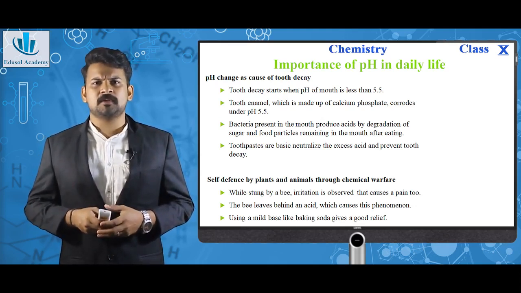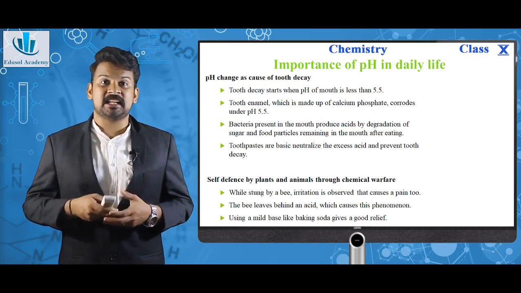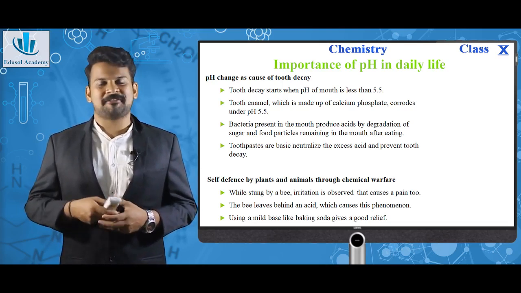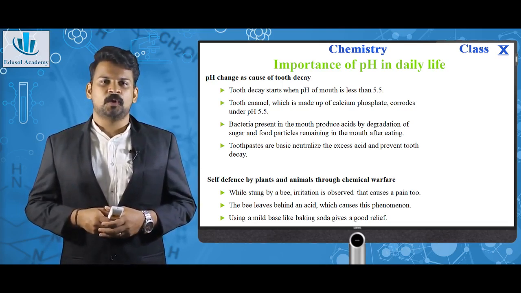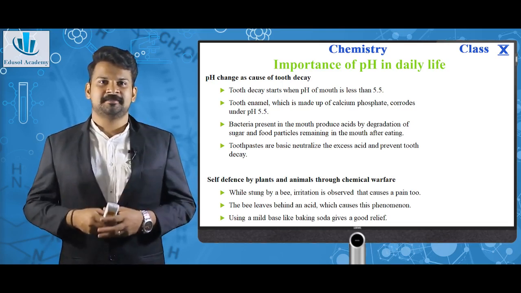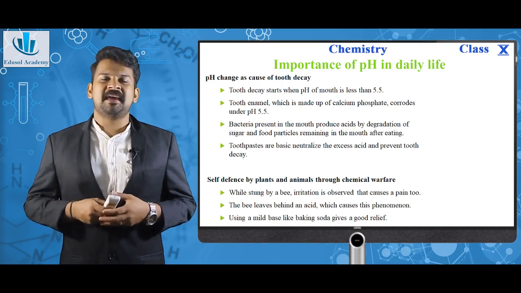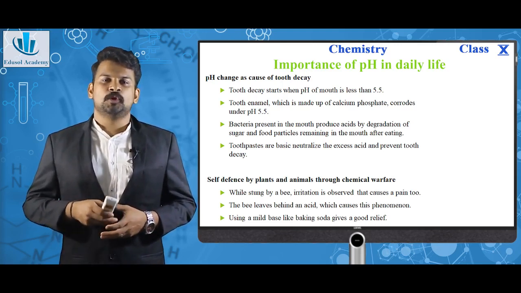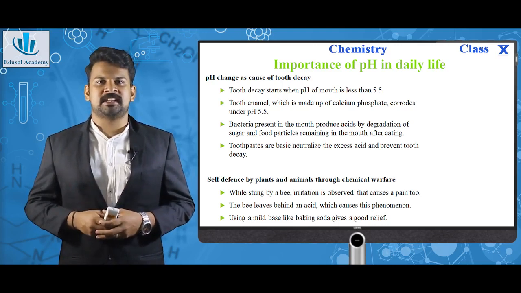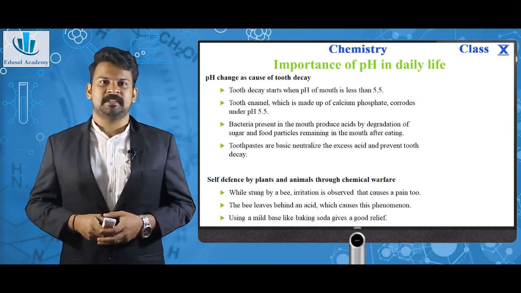Bacteria present in the mouth produce acids by degradation of sugar and the food particles remaining in the mouth after eating. So it must be ensured that our mouth is well cleaned. Toothpastes are basic materials that neutralize the excess acid present in our mouth, help in getting stronger teeth, and prevent tooth decay.